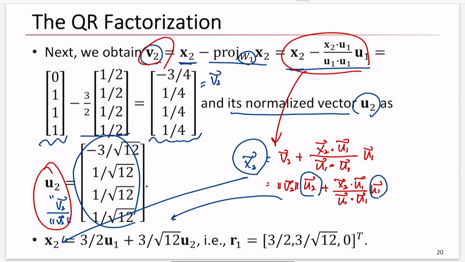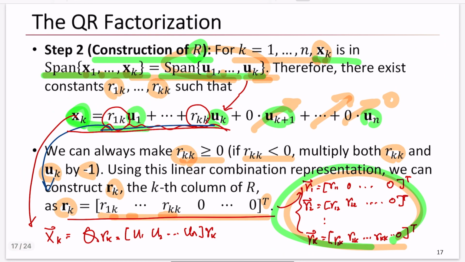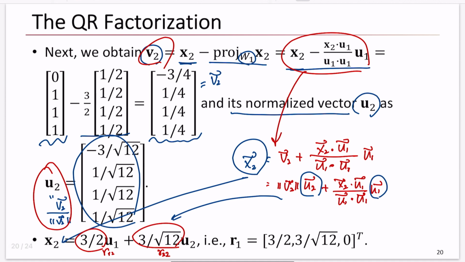Then based on this, we can just find r11, r12, and r22, because this is the definition of R. So anyway, here this is r2, so vector r2 is going to be 3 over 2, 3 over square root of 12, square root of 12, and 0.